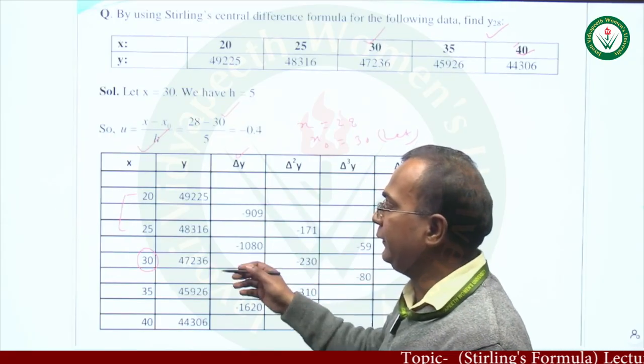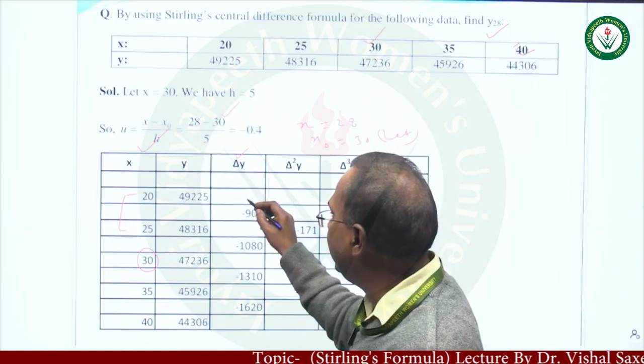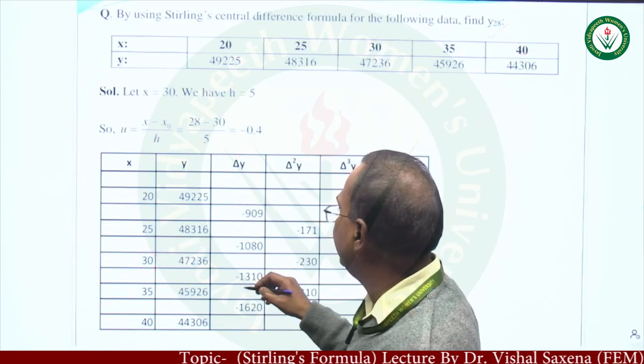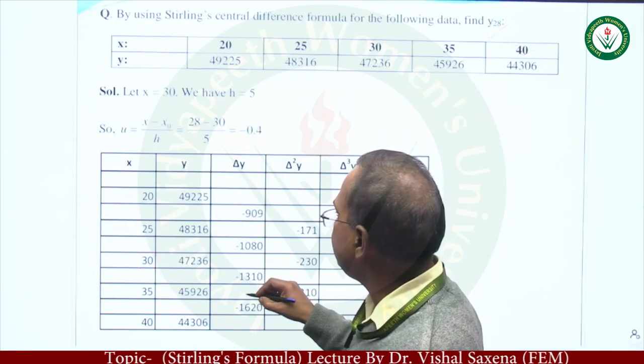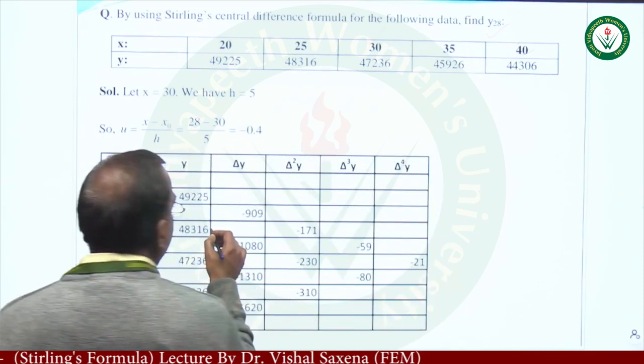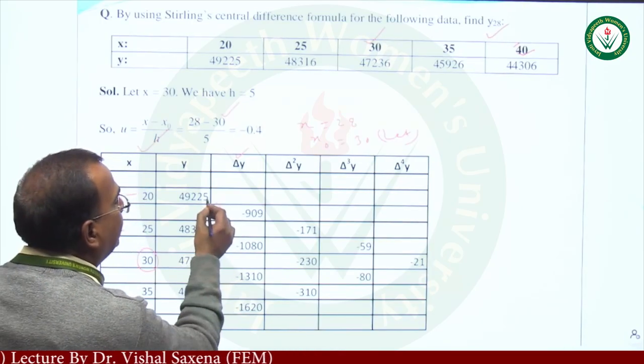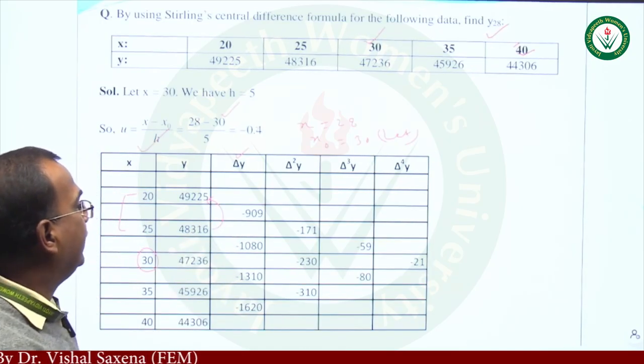The way to find these differences is always the same. When we subtract this from this, the value minus 909 is coming.